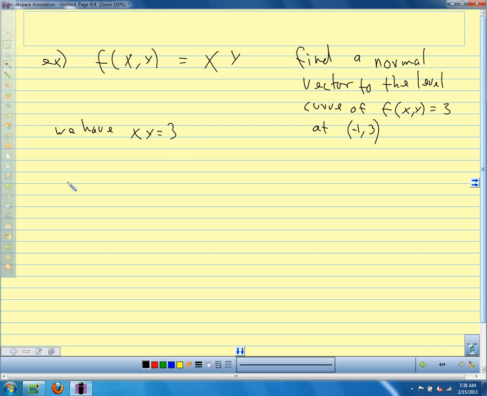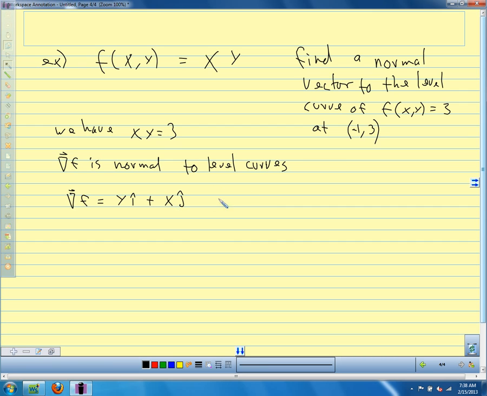So this is f of xy equals a constant. And we know that del f, the gradient, is normal to level curves. So del f for this particular function is y i plus x j: partial with respect to x times i hat plus partial with respect to y times j hat.